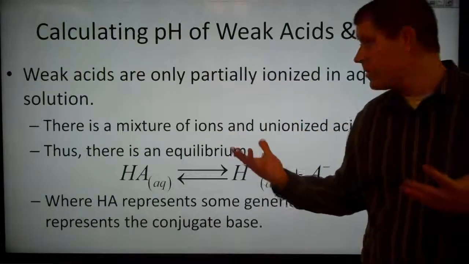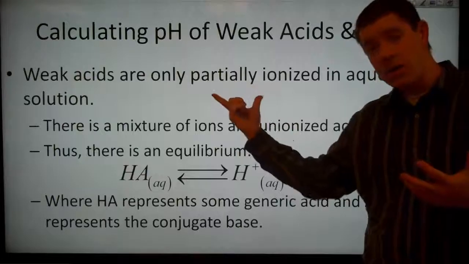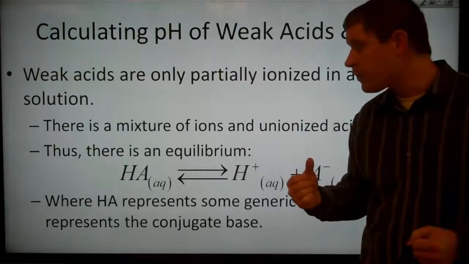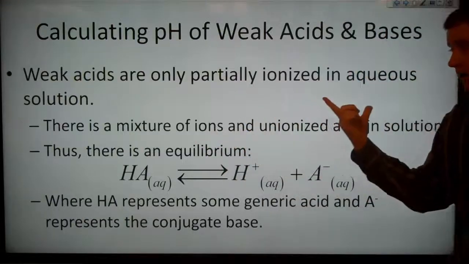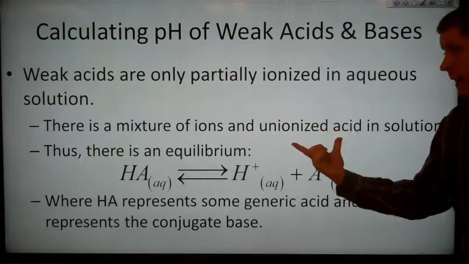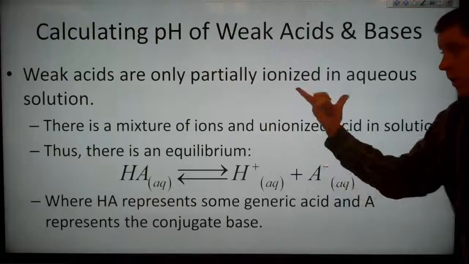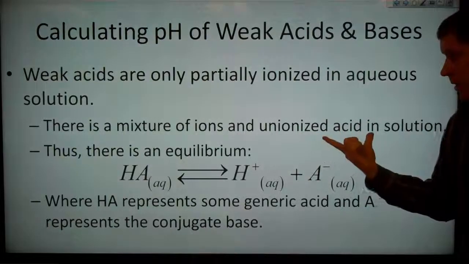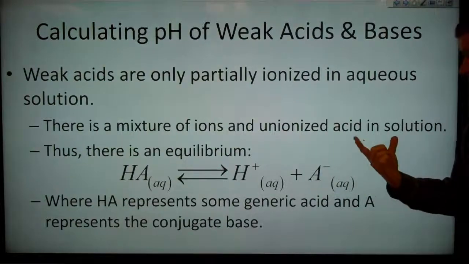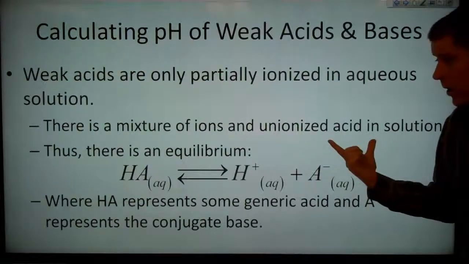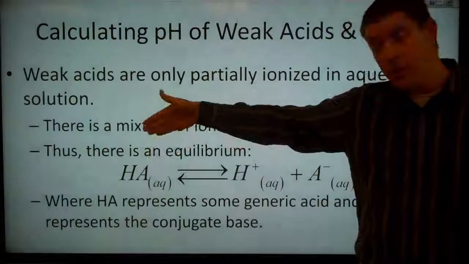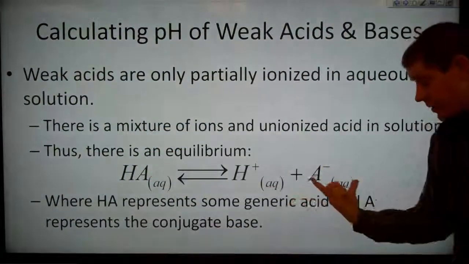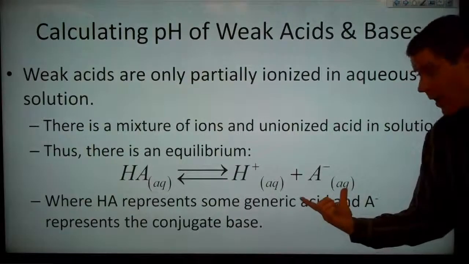That's no longer going to be true, because only some of that weak acid is going to be dissociated, so those concentrations aren't going to be equal anymore. So there's a mixture of ions, our dissociated acid, and our unionized acid in solution, which means we've got an equilibrium between our HA, our undissociated acid, and our H plus and A minus, our dissociated acid.